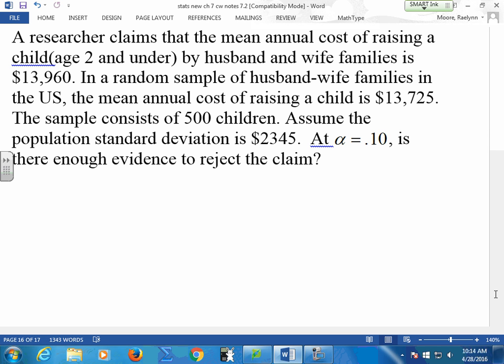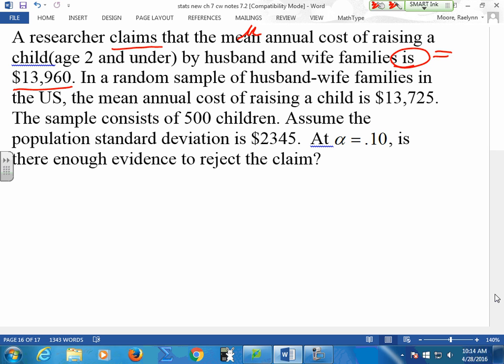All right. So, a researcher claims, that's a nice easy way to start. A researcher claims that, there's a claim, the mean annual cost of raising a child age 2 and under by husband and wife's families is $13,960.